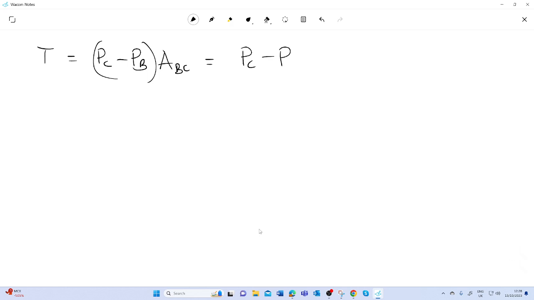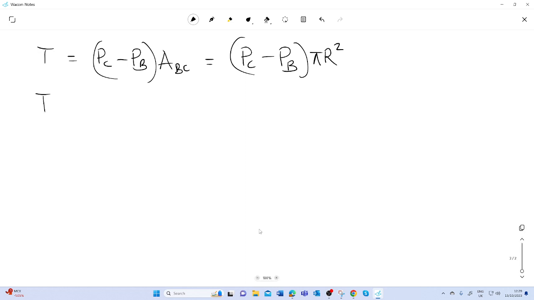So from the theory, you can deduce that the thrust equals PC minus PB multiplied by the area at BC, which equals PC minus PB times pi R squared.